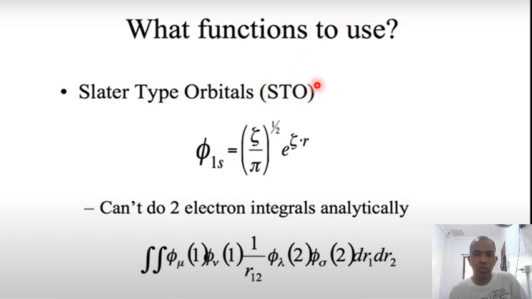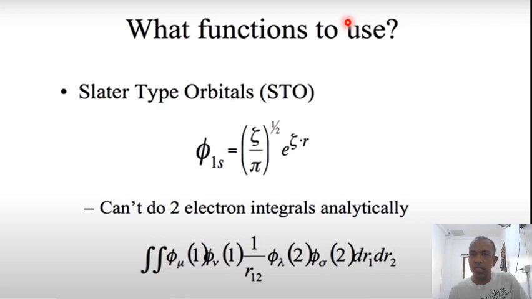A 1s orbital, for example, decays as e to the minus zeta r, with a normalization factor.